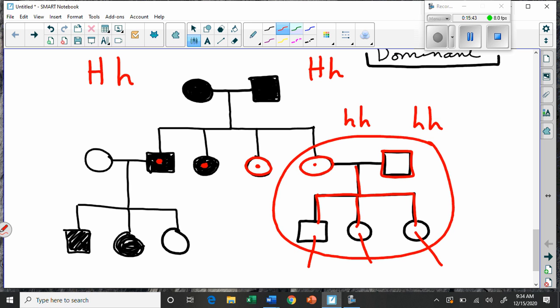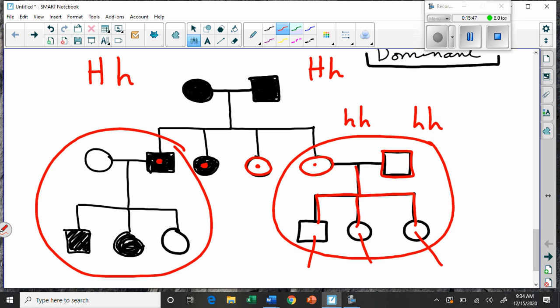However, the other line of the tree over here, you can see still has affected individuals in it. And so we can continue here and imagine what might be the case. So when you look at this, you know that this female right here is homozygous recessive. But we don't know what this one is, but we can guess.